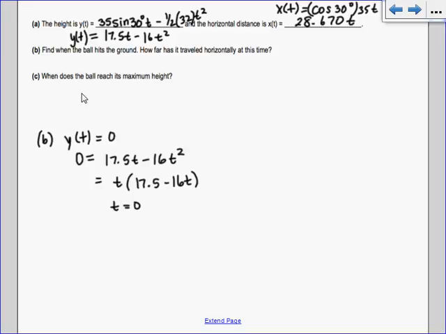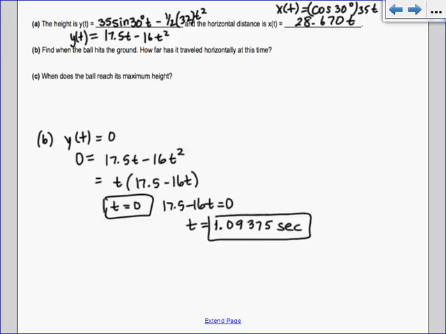So we get t equals 0, and we have 17.5 minus 16t equals 0. So I have negative 17.5 when I subtract it over, dividing by 16, and I get t equals 1.09375. So that's how long it takes to hit the ground.